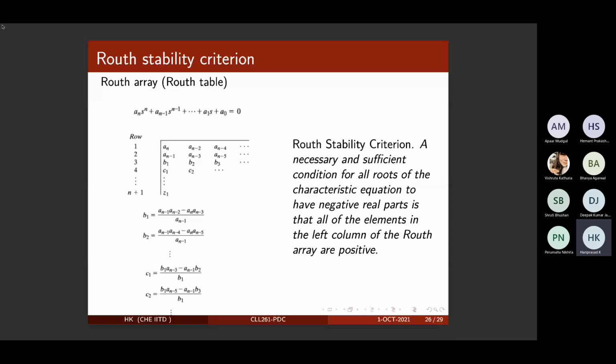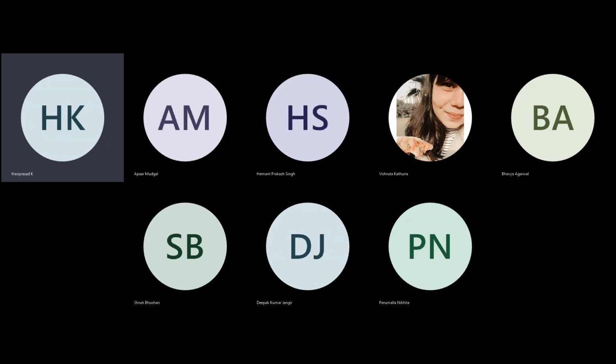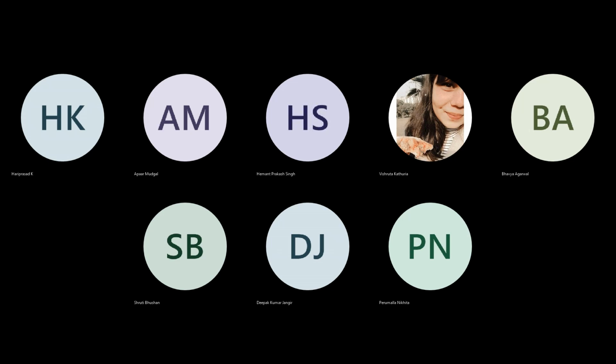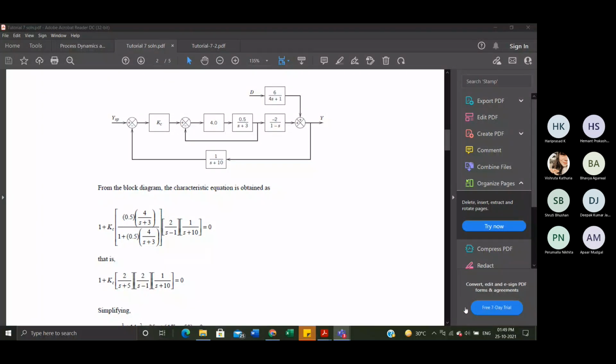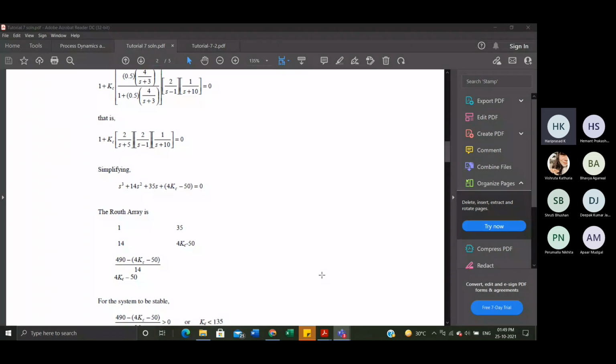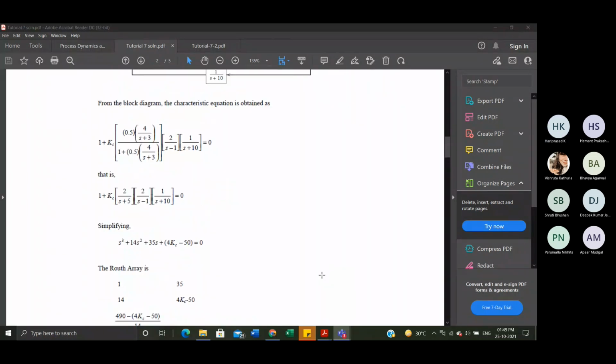So now, let me just unshare and Apar can share. Keep your Routh thing on the side by side. Yes, sir.